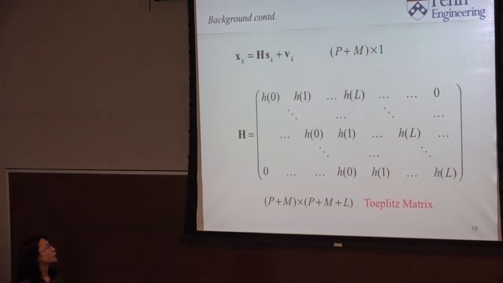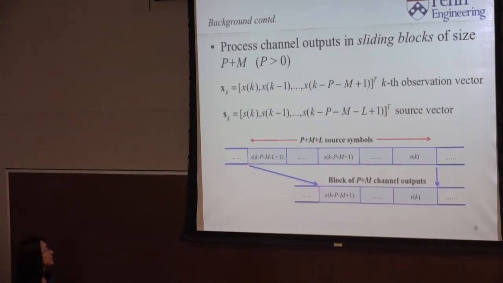And if we write the vector convolution in a matrix form, we could see that the channel outputs could be written this way, where the H is a Toeplitz matrix containing the channel response in each row, with a shifted vector in each row. And the S is just these S elements here.